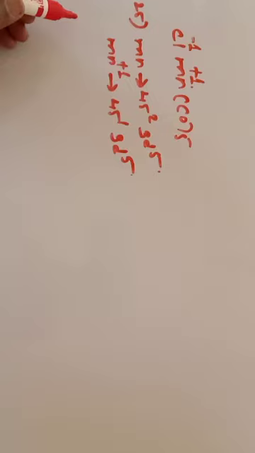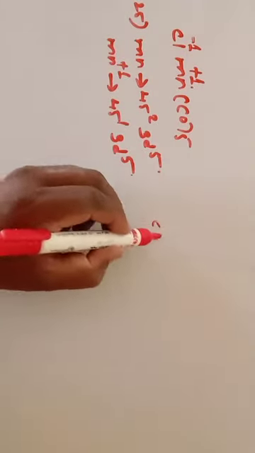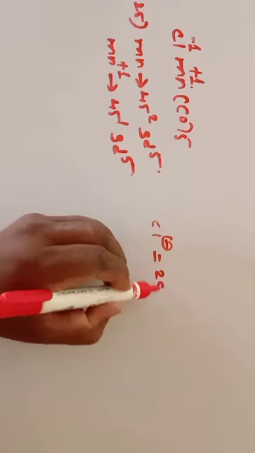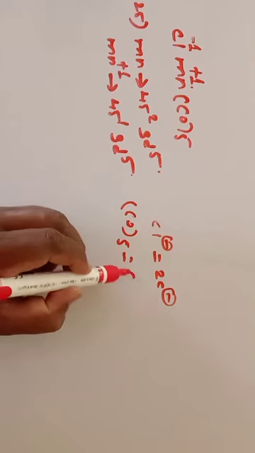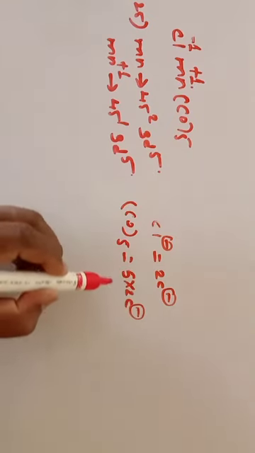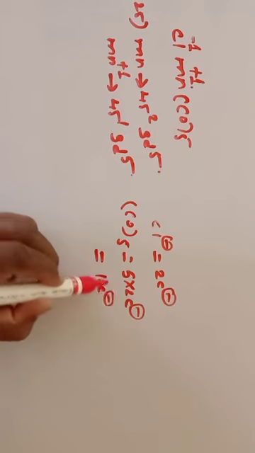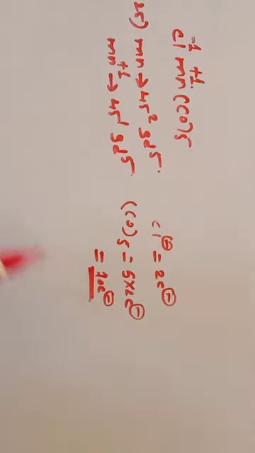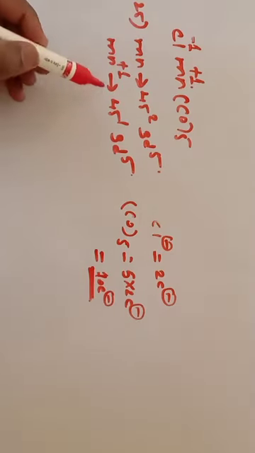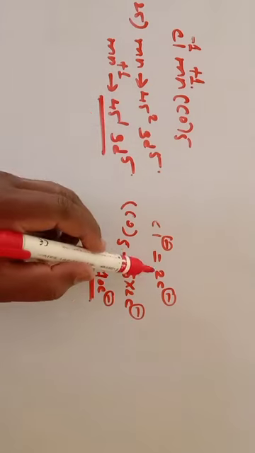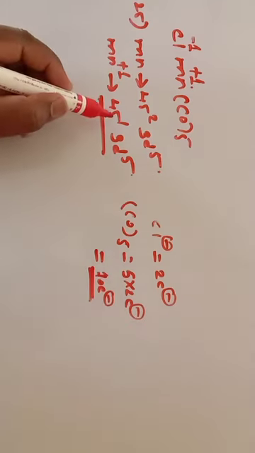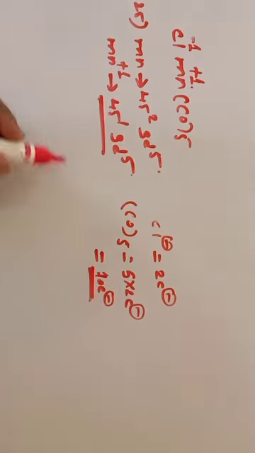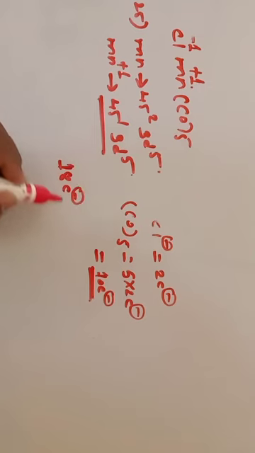Again, the chlorine, Cl minus, contributes 2 electrons, and the remaining are 5 carbonyls, so 5 into 2, total 10 electrons. So 10 plus 2 is 12, 12 plus 6, so it becomes an 18 electron species. So 6 electrons from the metal atom, 2 electrons from chlorine, and 10 electrons from the carbonyls. So 6 plus 2 is 8, 8 plus 10, it is an 18 electron species.